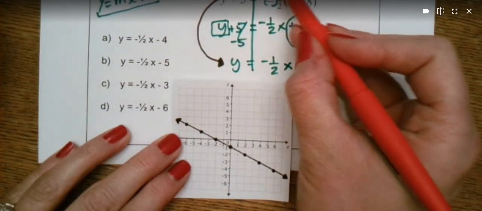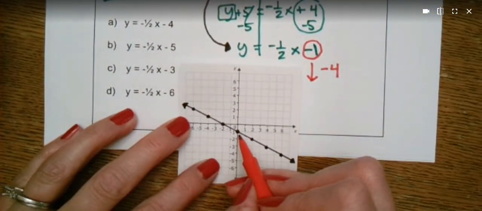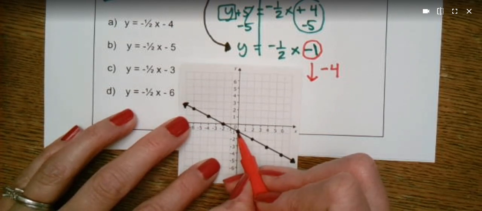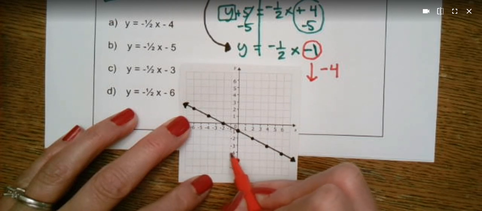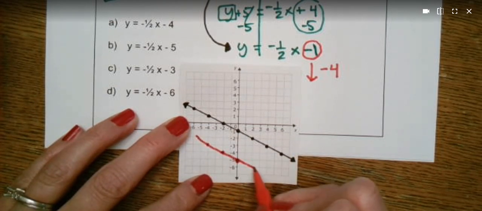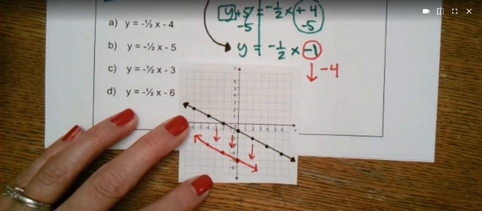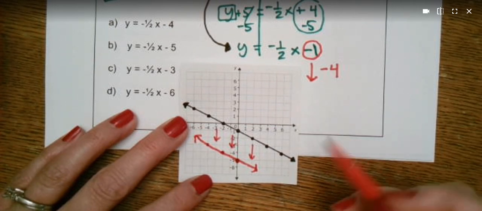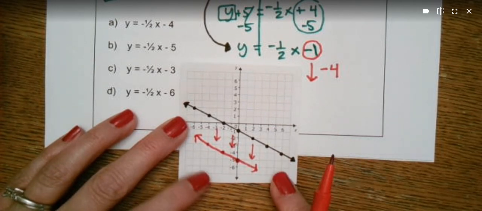Now, if I'm going to shift it 4 units down on the y-axis, that means it's no longer going to cross at -1. I'm going to go 1, 2, 3, 4 units down. It's still going to have the same -1/2 slope, but I'm shifting it down 4 units. Like I'm literally just moving it down. So do you see how it's no longer crossing at -1? Now it's going to cross at -5.